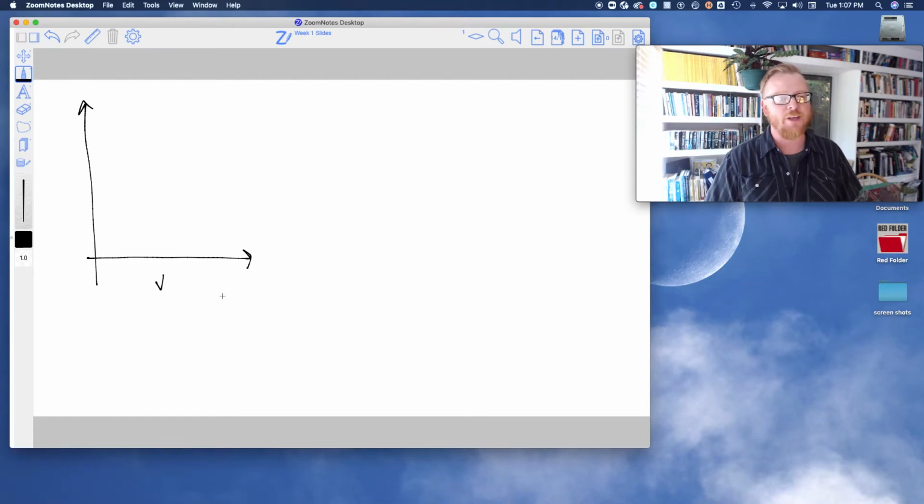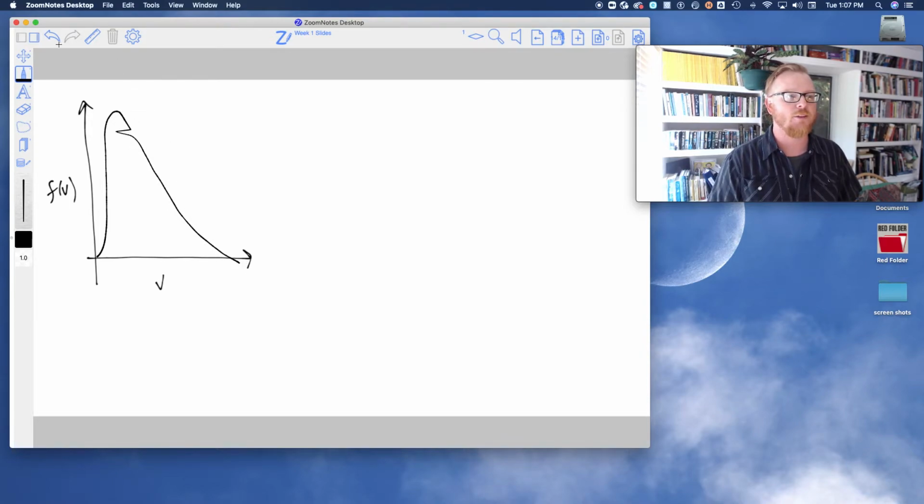If I plot v on this axis and f of v, so velocity and the fraction of molecules with that velocity, then I get a famous looking curve called the Maxwell-Boltzmann distribution. It's supposed to be a nice smooth function.